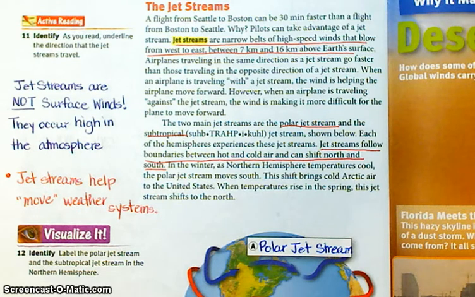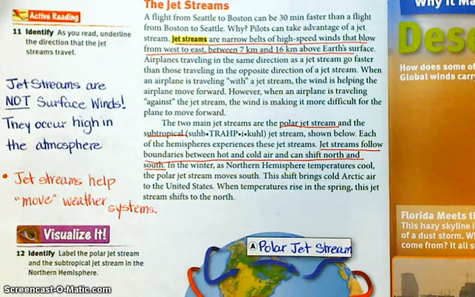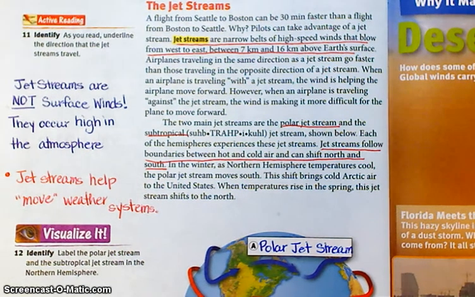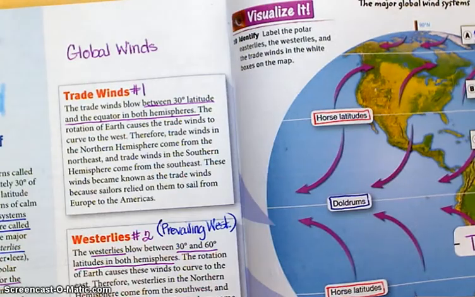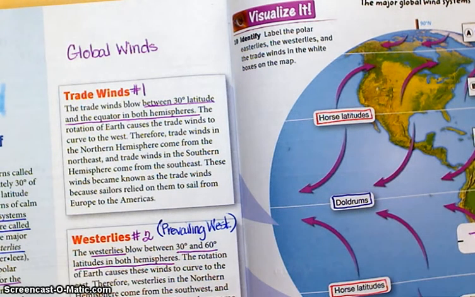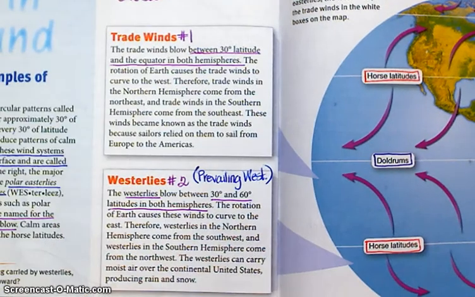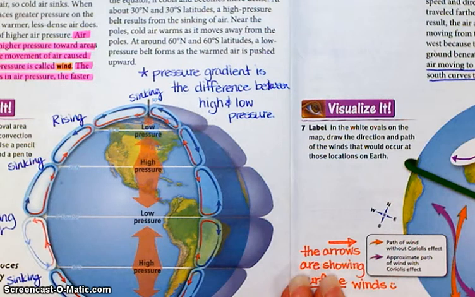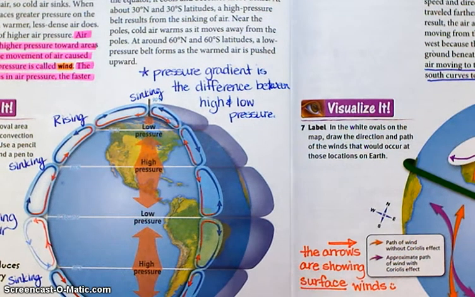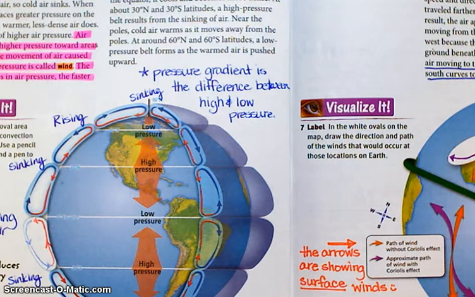Now, just to mention, everything that we've talked about so far in this lesson, your trade winds, your westerlies, your easterlies, these large convection cells that we had on page 424, how the Earth's rotation affects wind, all that stuff.